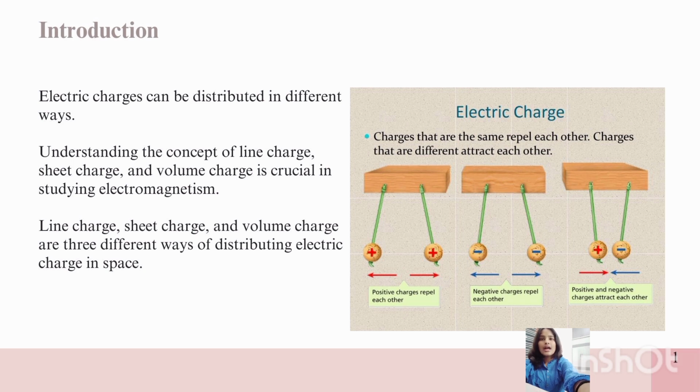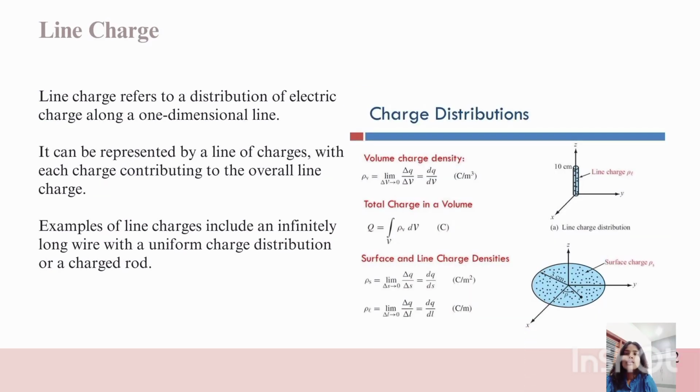When negative and negative charges are placed in a line, the negative charges repel each other. Now consider a positive and a negative charge placed in a line. They get attracted, being of opposite sign.